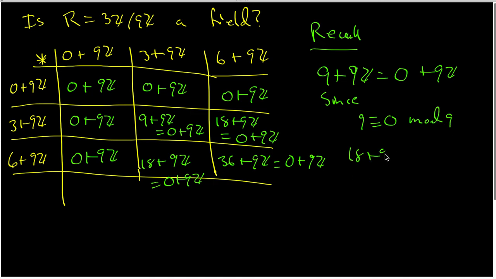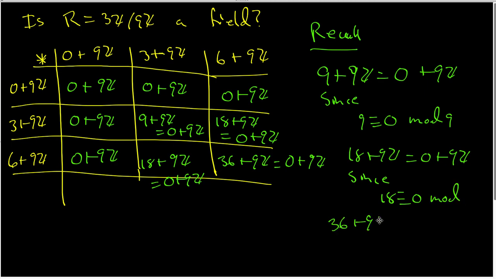Likewise, 18 plus 9z is congruent to 0 plus 9z, since 18 is congruent to 0 mod 9. And finally, 36 plus 9z is the same thing as 0 plus 9z, since 36 is congruent to 0 mod 9.